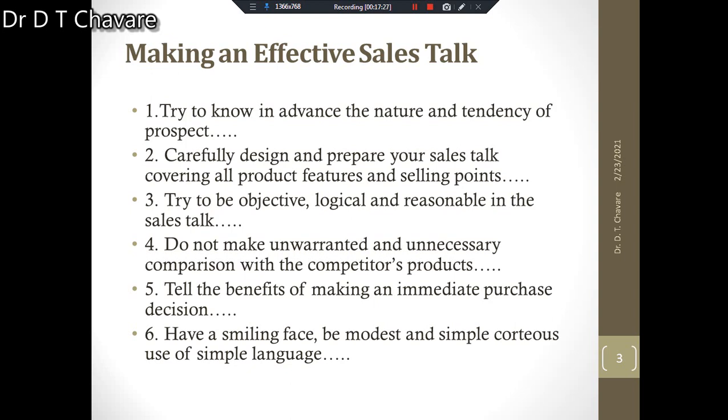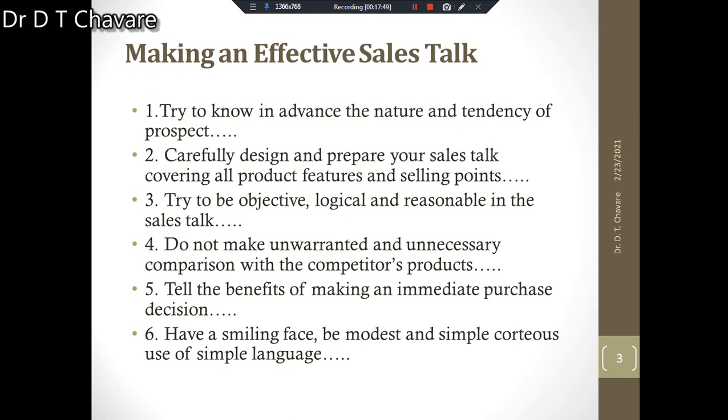Then do not make unwarranted and unnecessary comparison with the competitor's product. Such a comparison with the competitor's product is not essential.